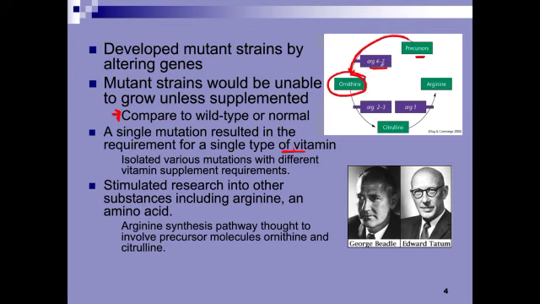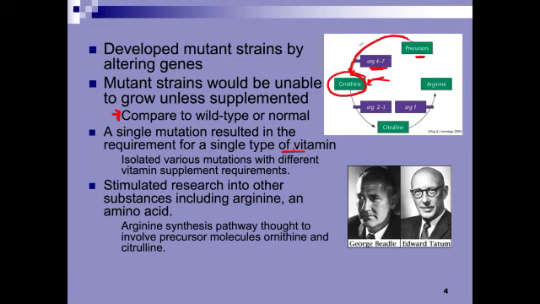But if this gene here was mutated, then ornithine would not be developed. And in order for the organism to grow, Beadle and Tatum had to physically add ornithine to the media. Now see, if they just put the original precursors in, the fungus should be able to grow throughout this entire cycle.